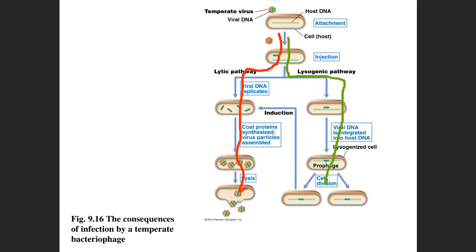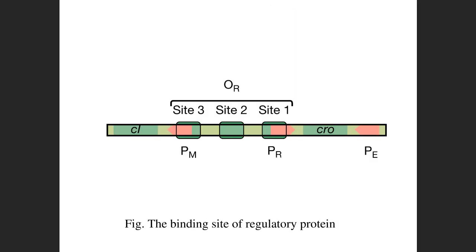So now you follow the lysogenic cycle, and this is where the regulatory protein binds. I'll come back to this very important moment here. There's one protein that binds and controls which side it goes.